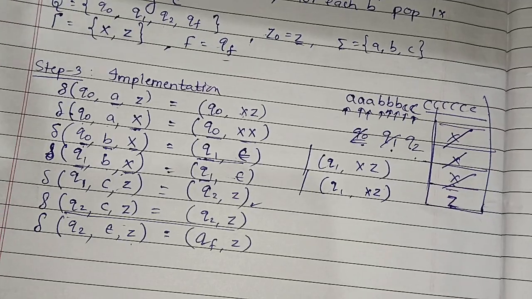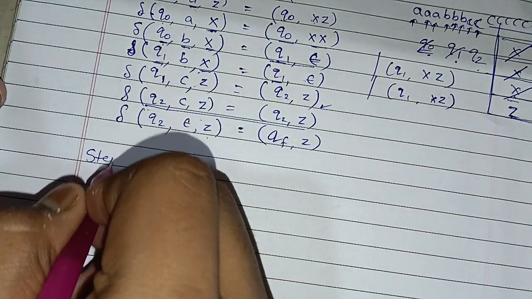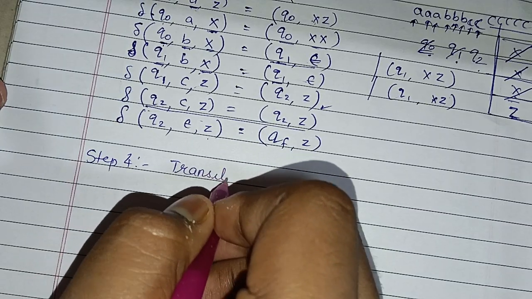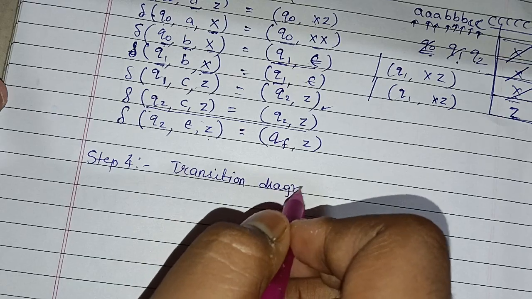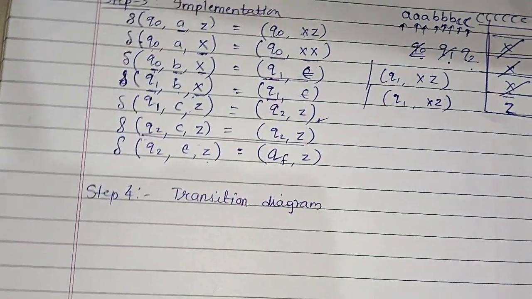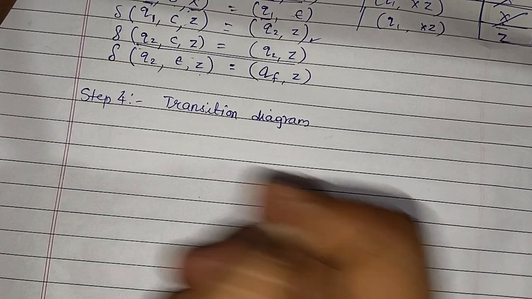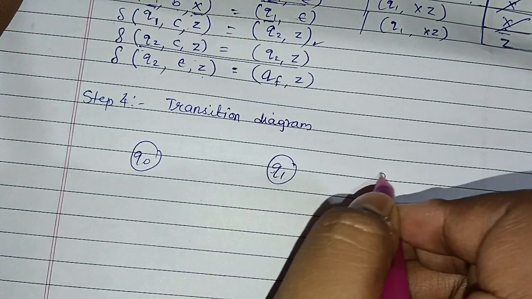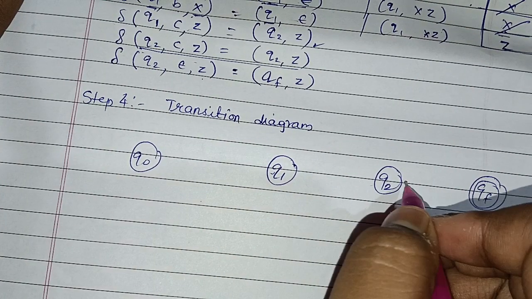Okay, now our step 4 is the transition diagram. Now see, there are the states q0, q1, q2, qf.